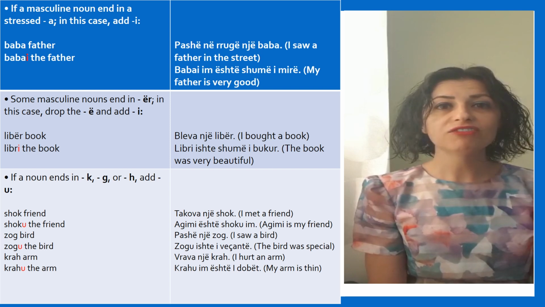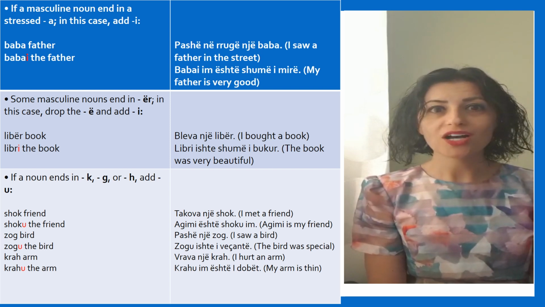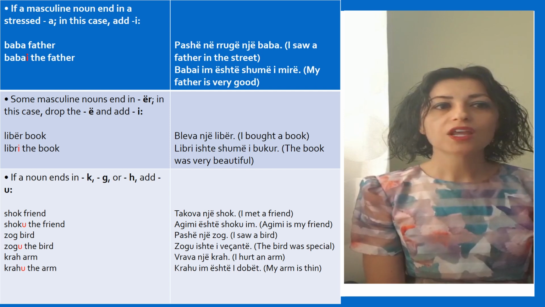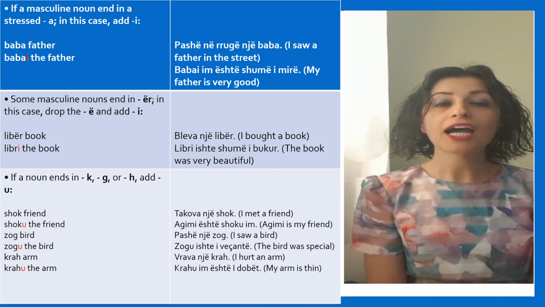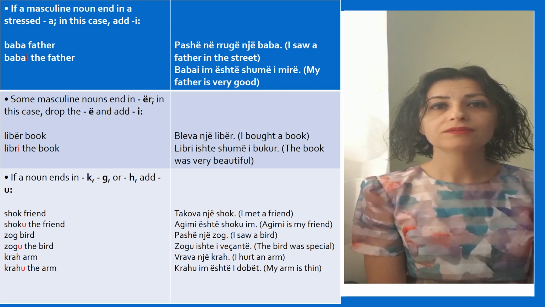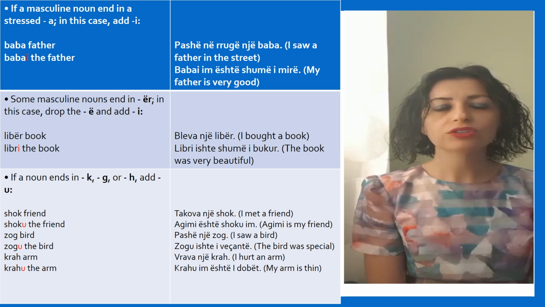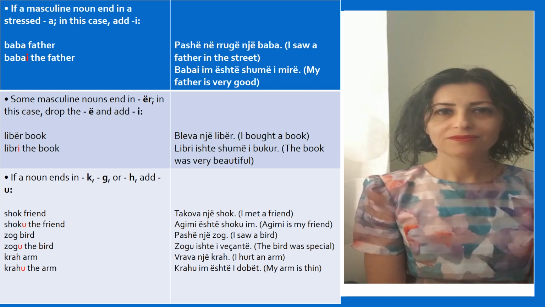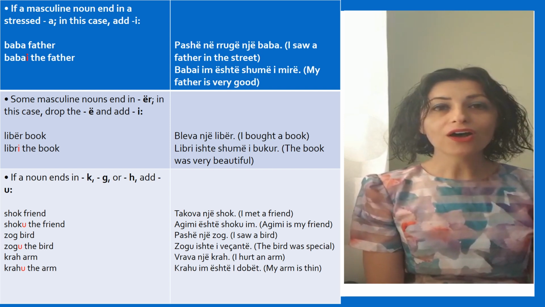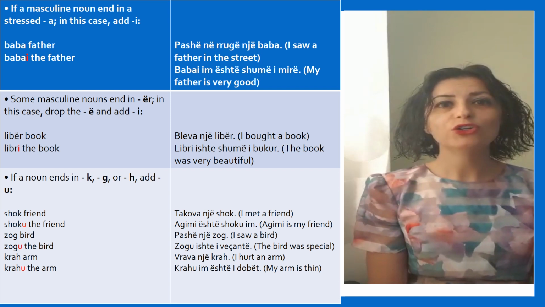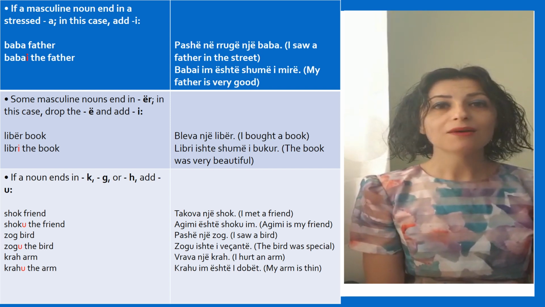The bird was special. Let's see the last one. Vrava një krah. I hurt an arm. The definite form, krahu im është i dobët. My arm is thin.